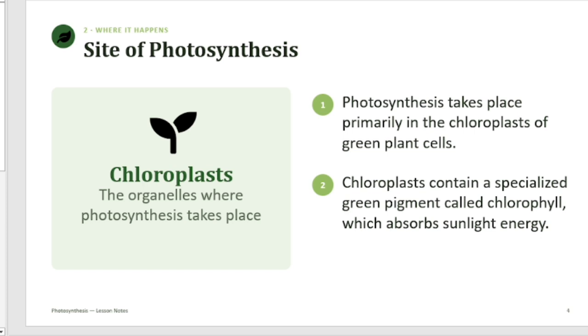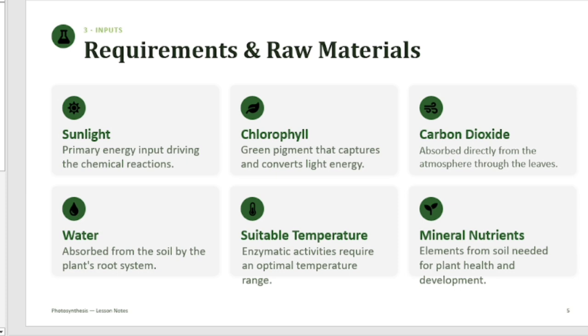Now, where does photosynthesis take place? Photosynthesis takes place in the chloroplast organelle. This chloroplast contains a green pigment called chlorophyll, and this chlorophyll is there to absorb the sunlight energy.